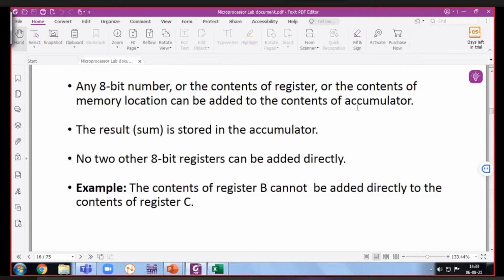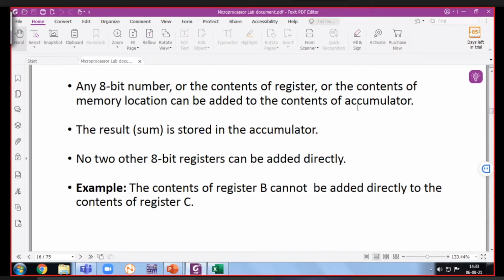Okay, so we can add content of accumulator with content of any other register A, B, C, D, E, H, L, M. M is memory location, and M stands for the address which is stored in the HL pair only, not register pair D or B.